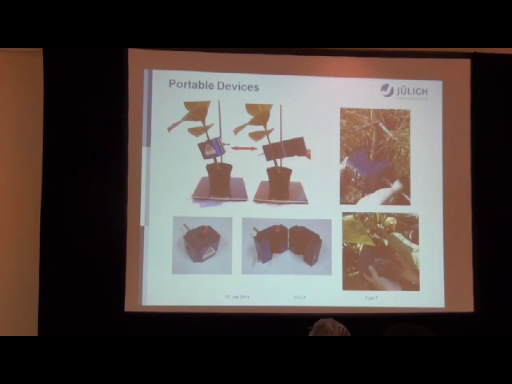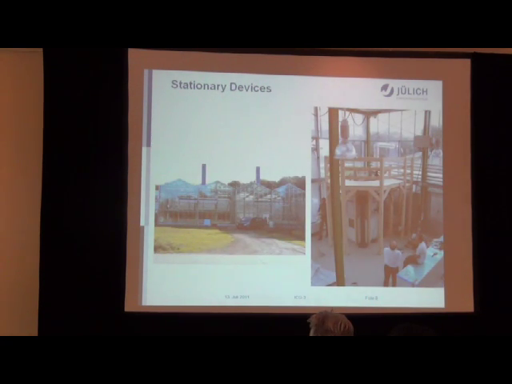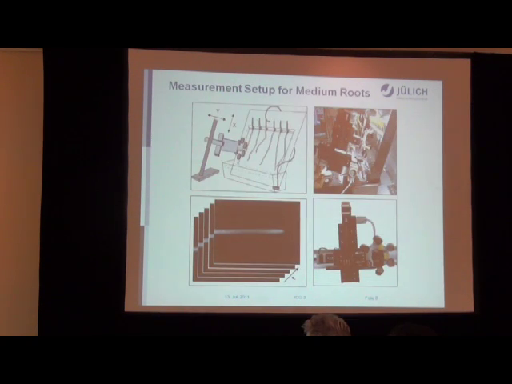Also, some portable MR devices are developed for field experiments, and also we have an NMR magnet in the greenhouse. Here, this is an example of a root measurement setup where some seeds are placed between a plexiglass plate and the roots grow down and are then filmed by a normal camera.